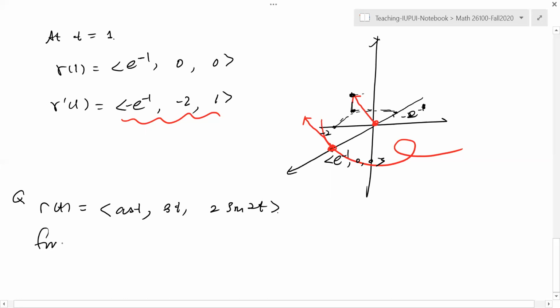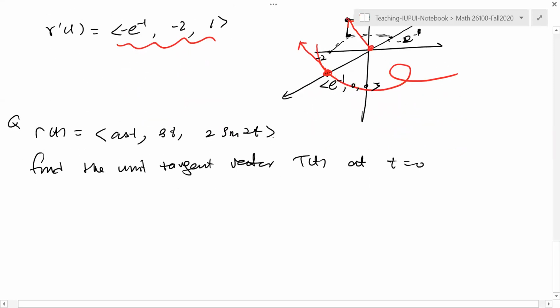Find the unit tangent vector capital T at t equals 0. Now what does that mean?